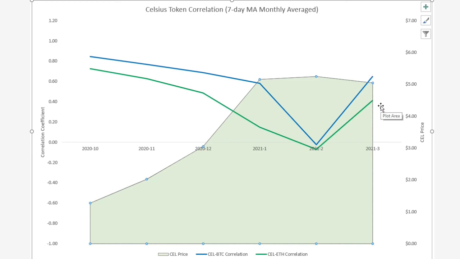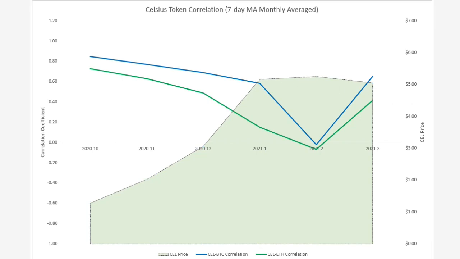Part of that could be due to both Bitcoin and Ethereum consolidating a bit, because they've had quite a rally and are on the verge of breaking all-time highs again. Perhaps that consolidation coincides more with what's been happening with CEL in the last quarter, which is consolidation.